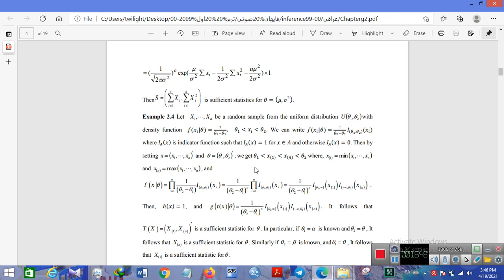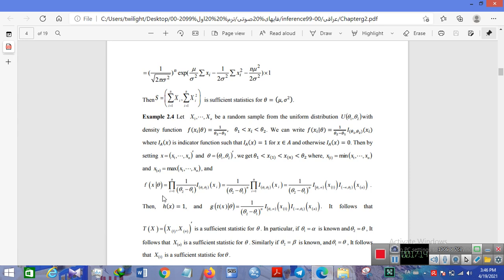So we have theta 1 less than X(1) less than X(n) less than theta 2, where X(1) is the minimum of X1 to Xn and X(n) is the maximum of X1 to Xn, the order statistics.